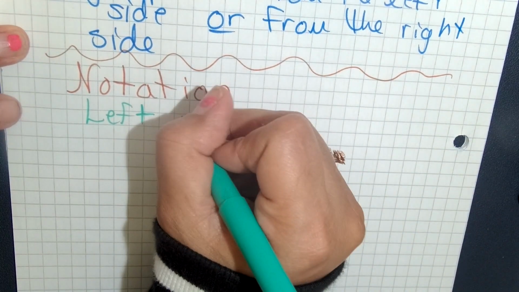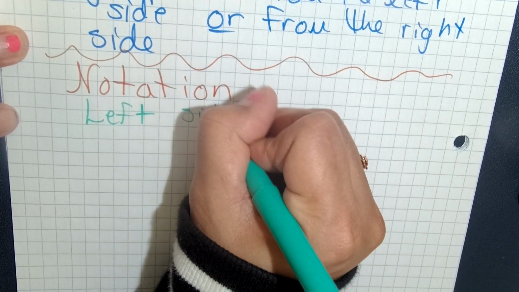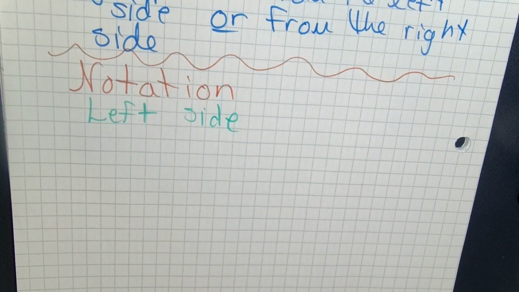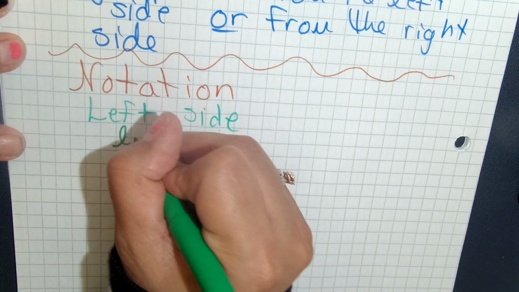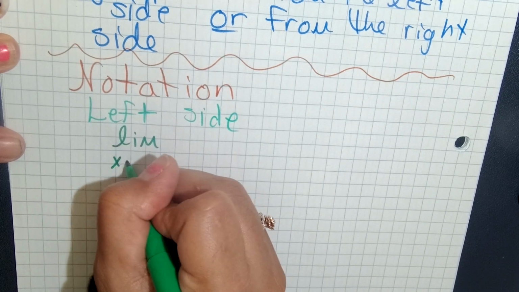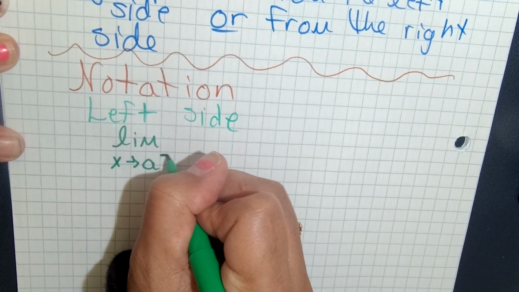Thank you. The left side limit has a specific notation. It's very, very similar to the notation that we did last week. There's only one thing that's different. The limit as x approaches a from the left.